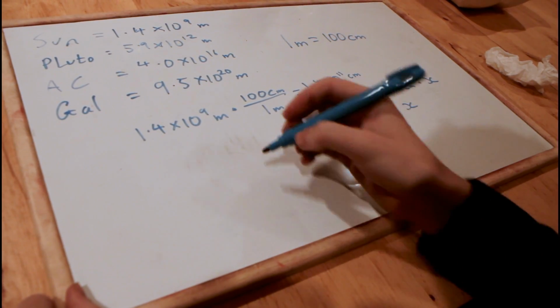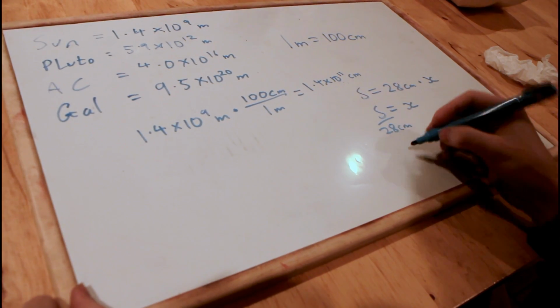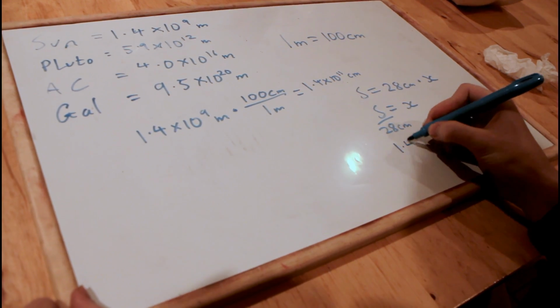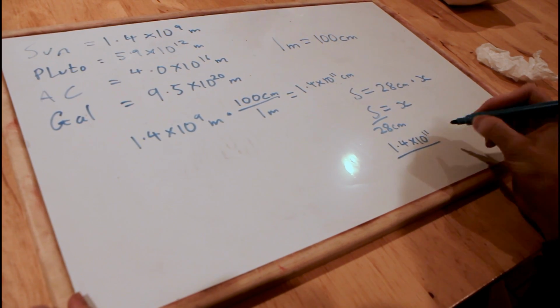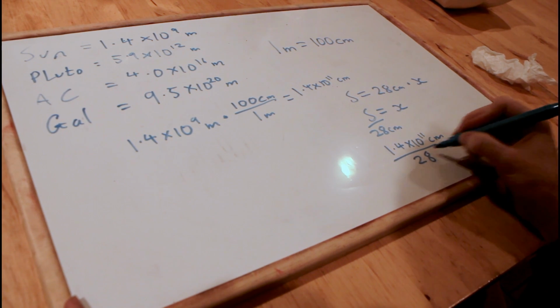Now, because of that, what we can do is take our equation over here and replace the value of the Sun with our value here. So that's 1.4 times 10 to the power of 11, and that is in centimeters, and we can divide it by our 28 centimeters.